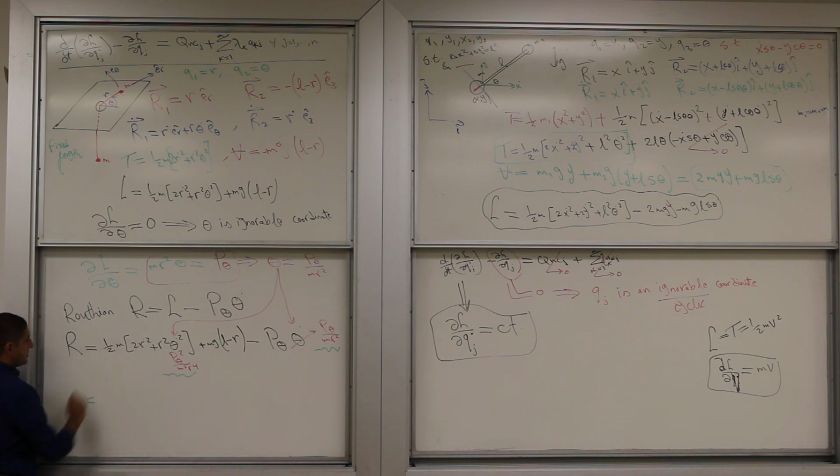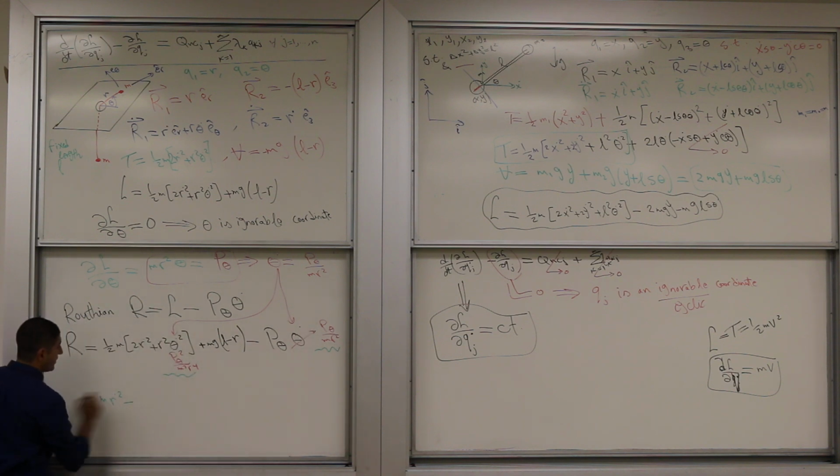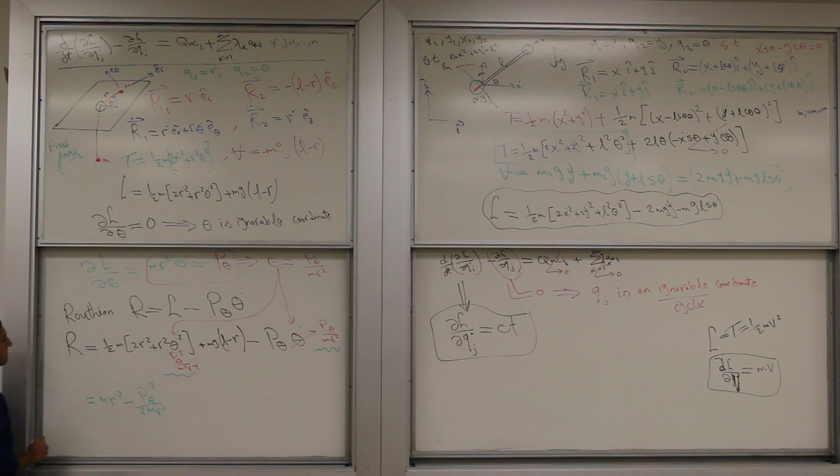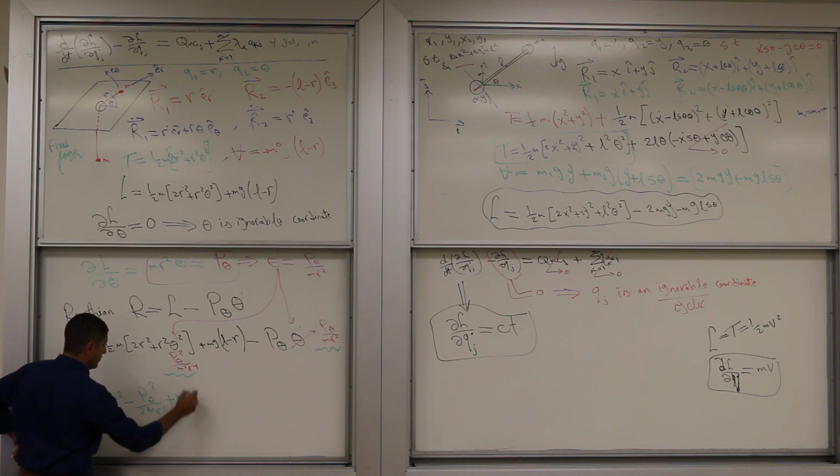So this is as is, 1/2 m r dot squared. This term is p theta squared divided by m r squared, 1/2 minus 1, so I get minus 1/2 p theta squared over m r squared, plus whatever you have from here, mg(l minus r).